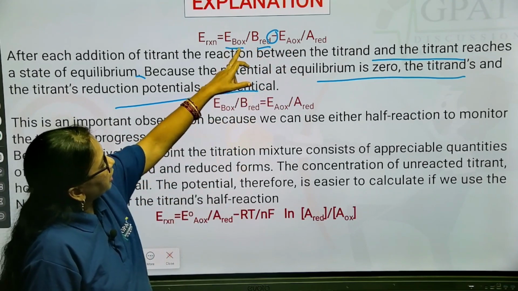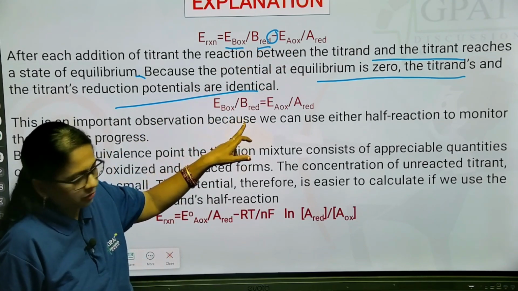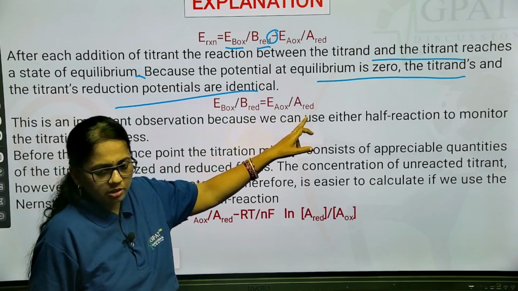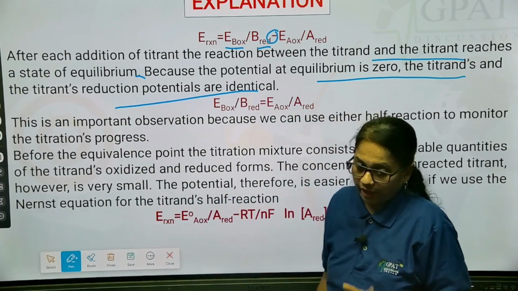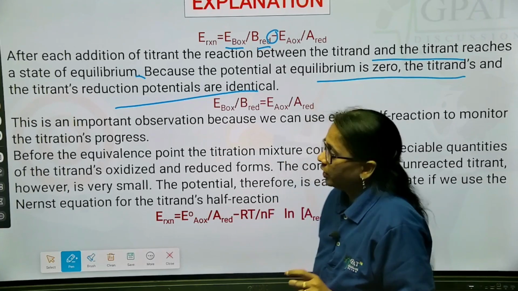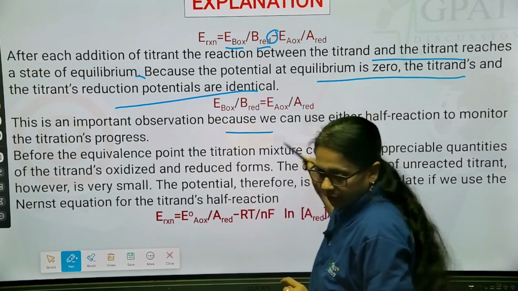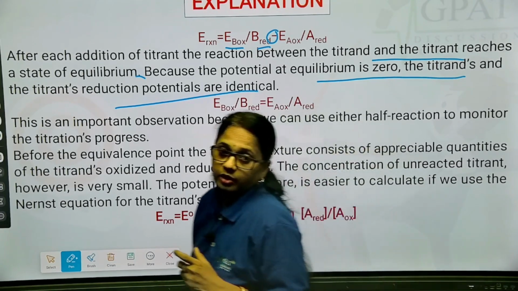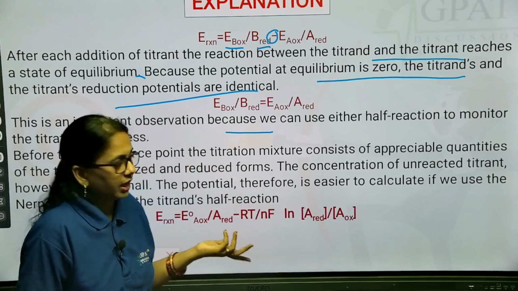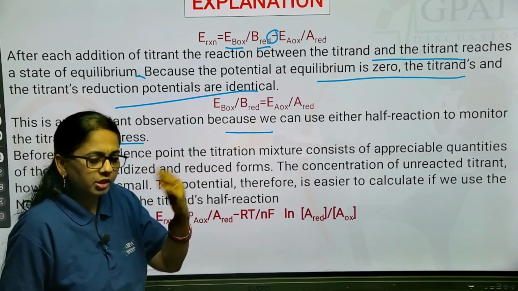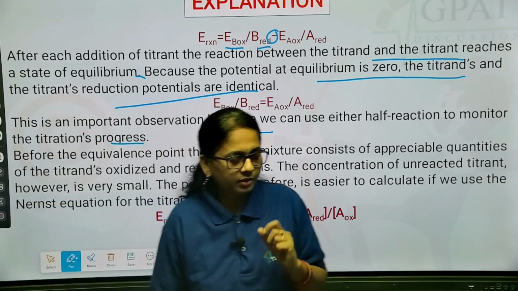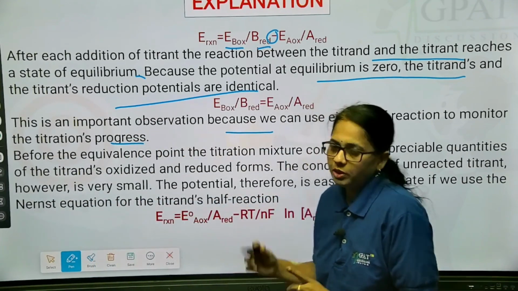So whatever potential you see for the reduced form and whatever potential you see for the oxidized form, both are equal at the equilibrium point. Okay, and this is an important observation, because we can use any half reaction to monitor the titration progress, since oxidation and reduction both happen in the same reaction and both potentials are equal.